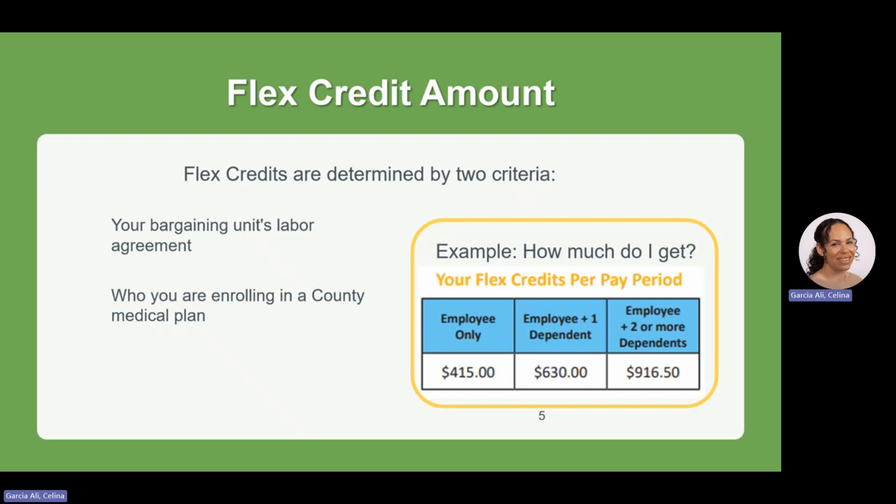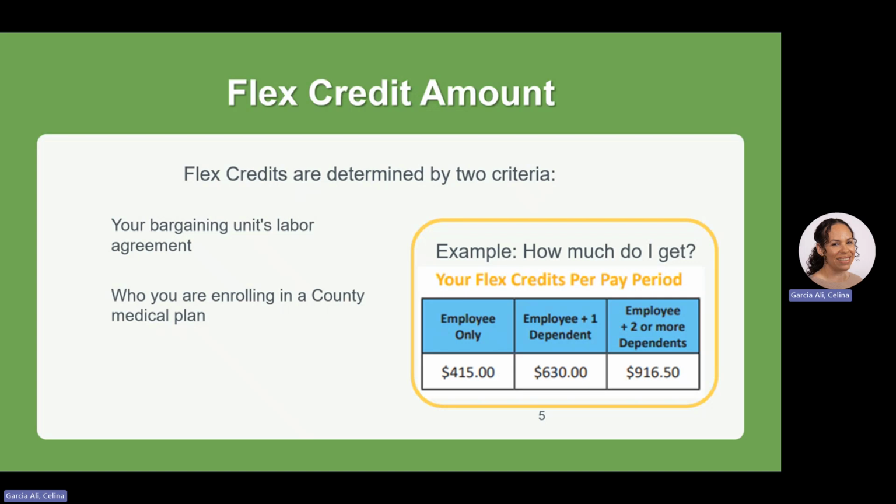Your flex credits, again, are given to you on a per pay period basis. The amount that you receive is dependent on your job classification and who you are enrolling on a county medical plan. If you're going to enroll yourself only onto a county medical plan, you receive the employee only amount of flex credits.